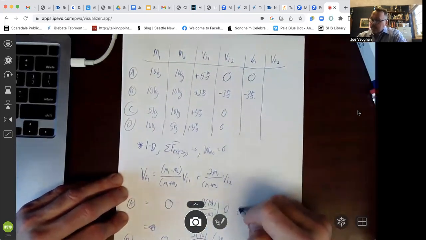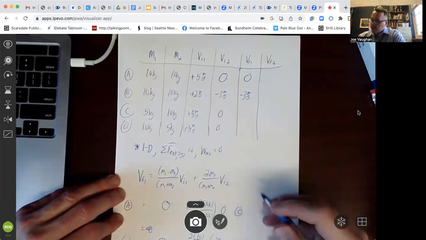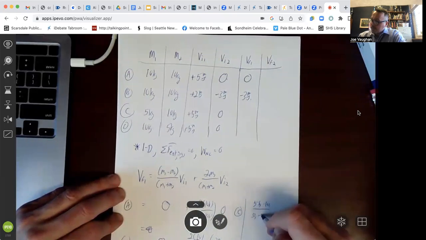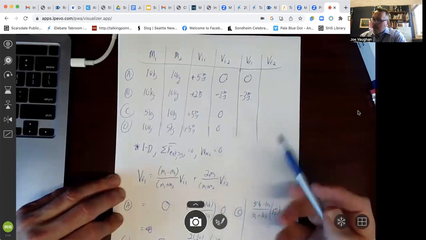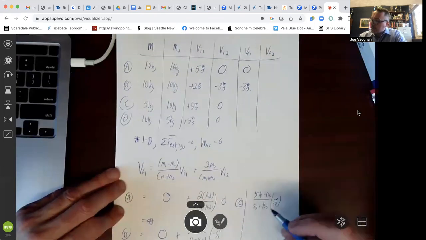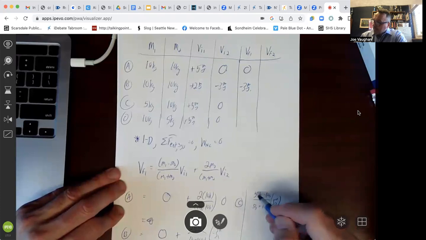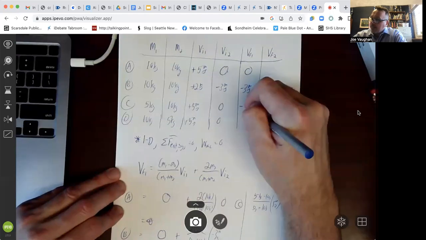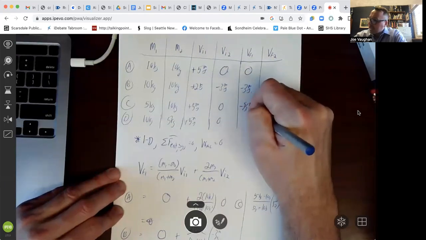For C, now they don't zero out. So I've got 5 kilograms minus 10 kilograms over 5 kilograms plus 10 kilograms, times VI1. The second term will zero out. So I've got negative 5 over 15, or negative 1/3. So negative 5/3 meters per second.